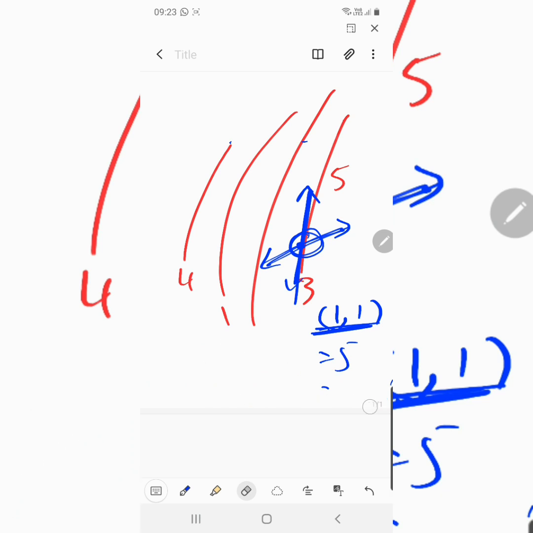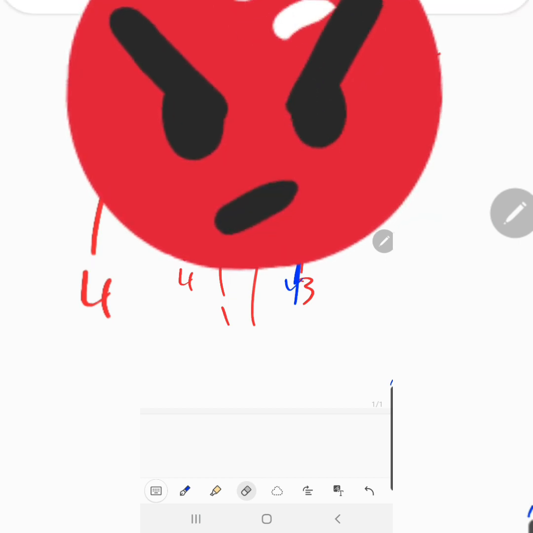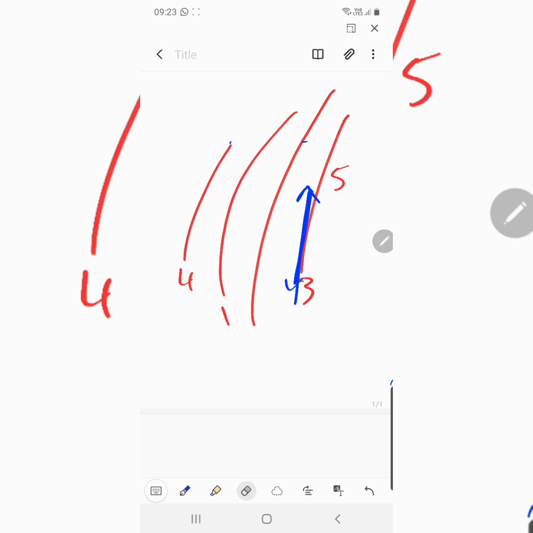Let's go further with this, yeah. So say that this equation of a line was straight line, yeah. These are two straight lines that do not intersect, so those are parallel lines.